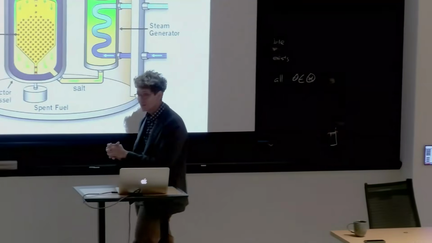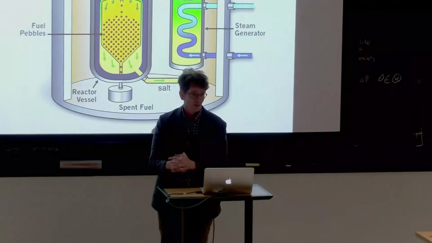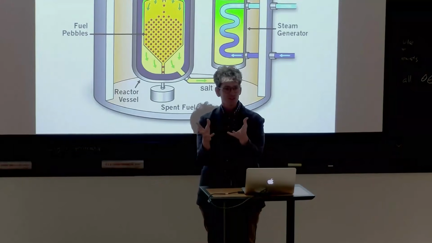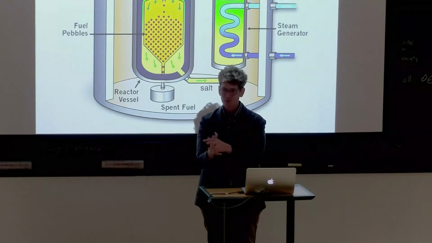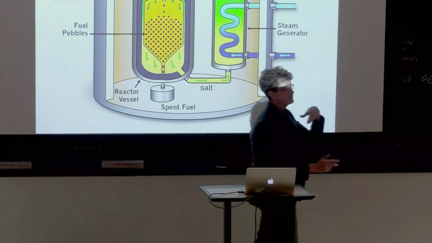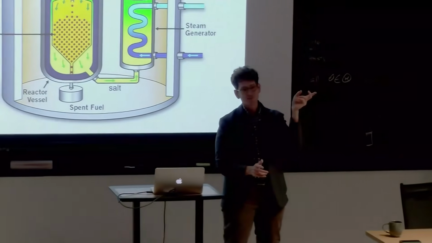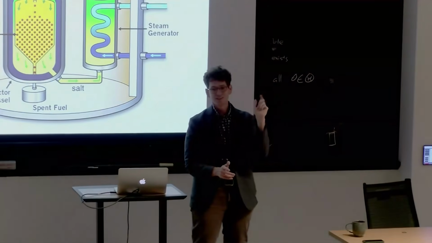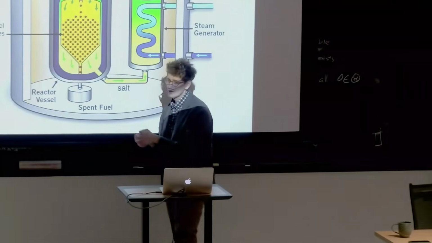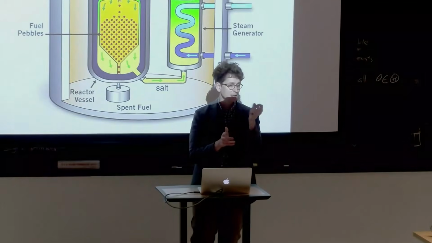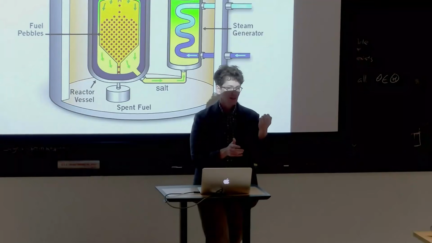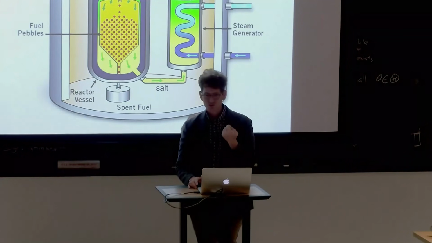So that's nice. But of course, there are other problems with FLiBe. One is it's a salt, so if it gets cold, the whole thing congeals into a block of salt, which is a problem. Another problem is that beryllium, which is a key component of the salt, is extremely toxic. So there's all kinds of issues again. And a third one is it turns out FLiBe, if it gets any contaminants in it, because it's an ionic material, is really good at corrosion.